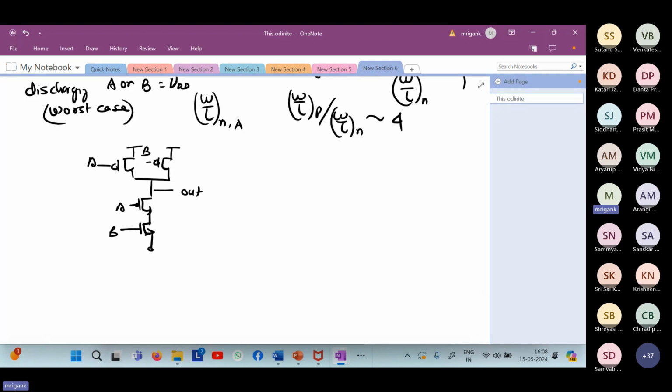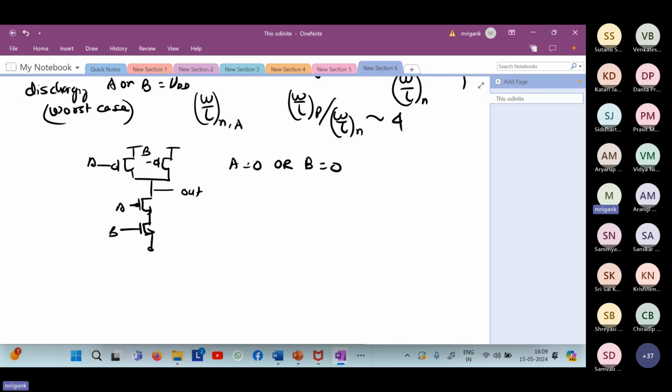So now in this case, if you look at the worst case pull up, in the pull up network, worst case scenario, only one of them will be on, right? Either A or B on. That will be the worst case pull up. That means A equal to 0, or B equal to 0.